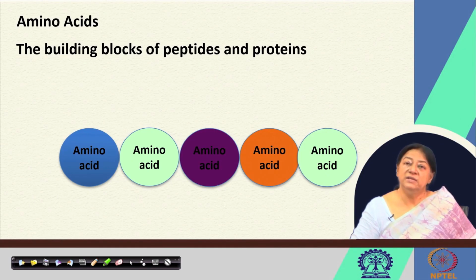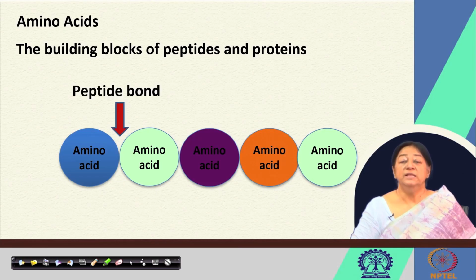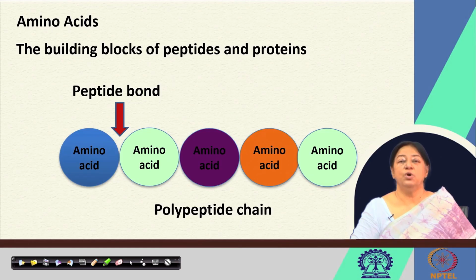And when we try and understand what these connections are, we will see that these are the peptide bonds. These peptide bonds link these amino acids together and form what is called a polypeptide chain. Now, when we look at these beads on this necklace to find out how they interact with each other, how they fold, we will see the multitude and the various properties that are possible for the polypeptide chain, for the protein. Now, what are these amino acids constituted of?